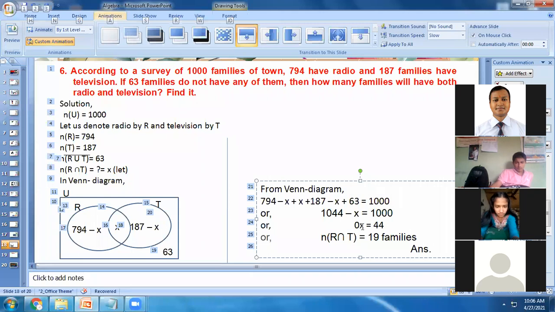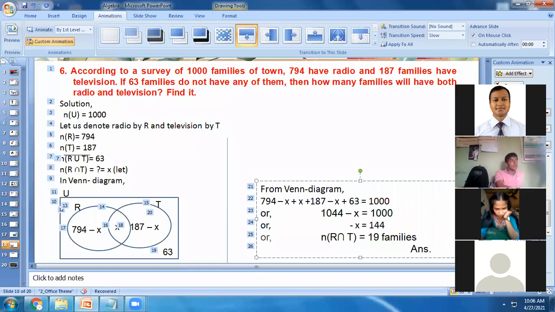Minus x is equal to minus 1000 minus 1044, which gives minus 44, and minus x as well as minus 44 remain here for us.